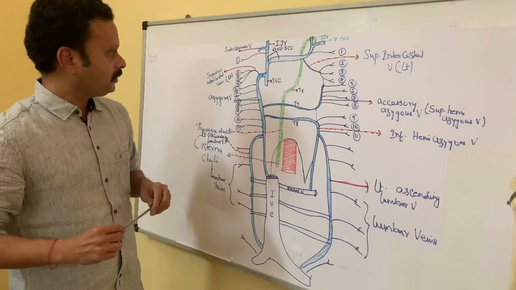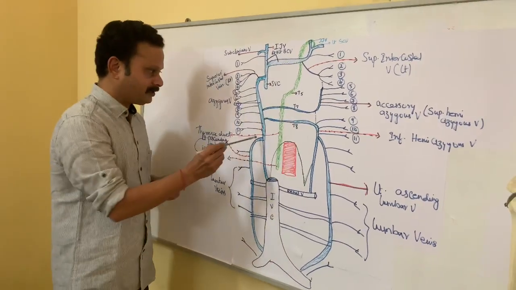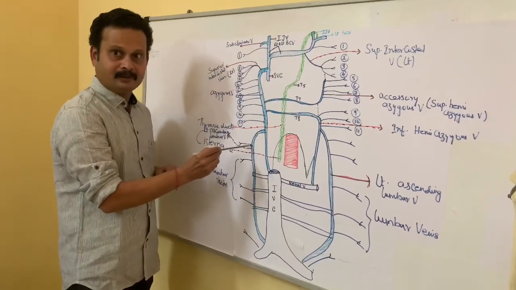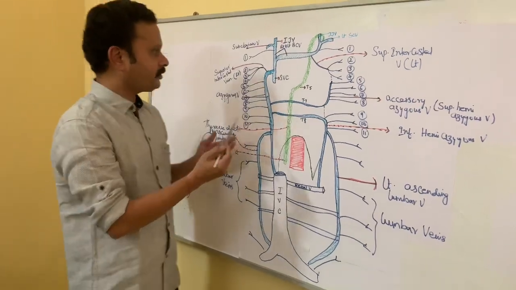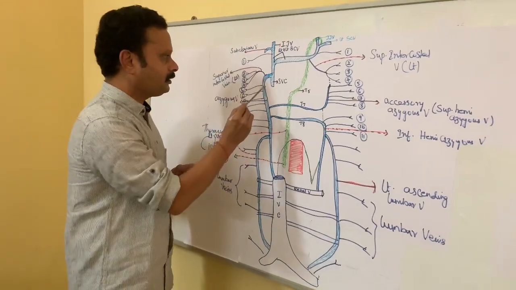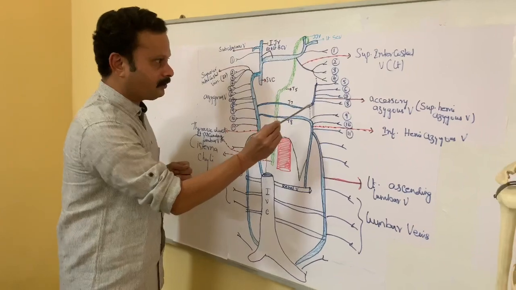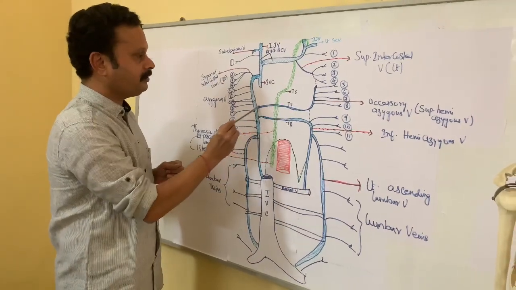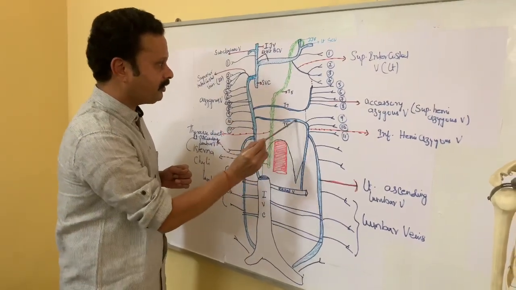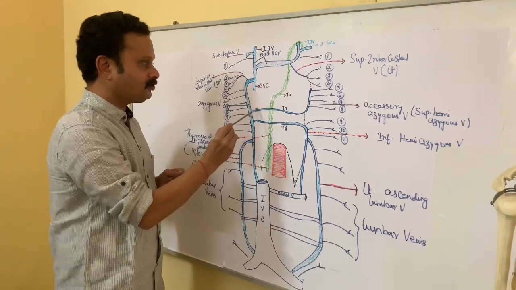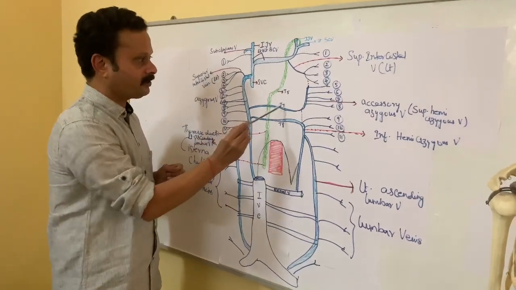Coming to its tributaries, I have said this is the first tributary. Second tributaries are the accessory azygous vein and inferior hemiazygous vein, which open into the azygous vein at the level of T7 and T8.